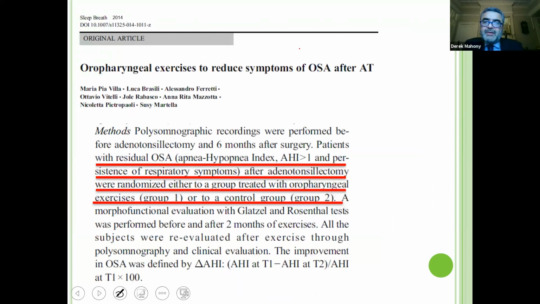This is a paper by one of the supervisors in my PhD research, Dr. Maria Villa, who is a very talented pediatric specialist in Rome, Italy.